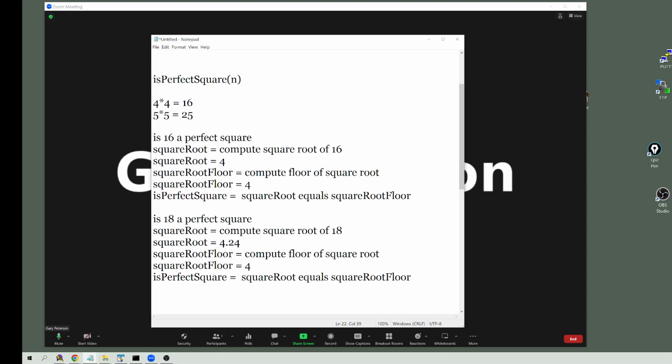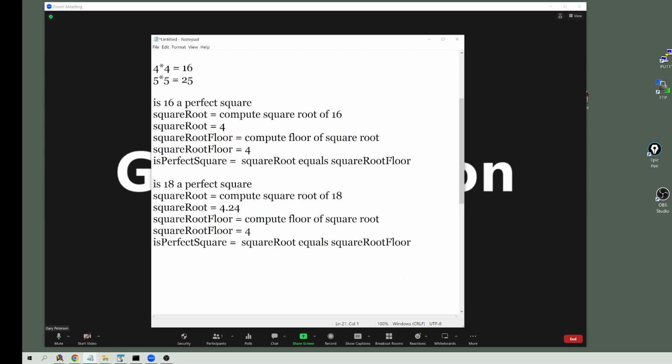Now the floor of that is going to be 4, right? Now the question is, does 4.24 equal 4? They do not equal, so that would be false. So is 18 a perfect square? No, it is not. So our algorithm works for both the true and the false case. So we have a good shot here that we have a good algorithm.